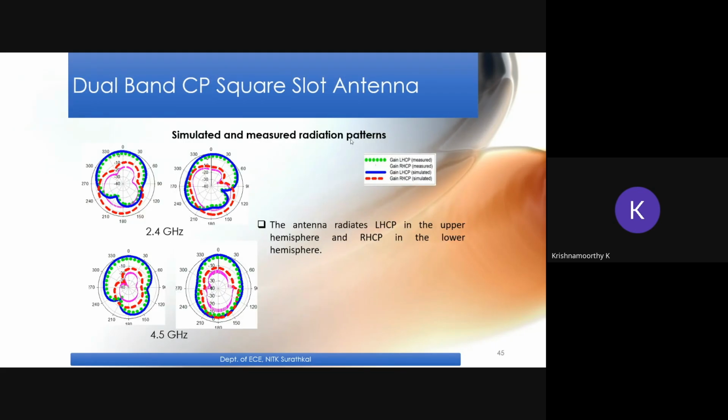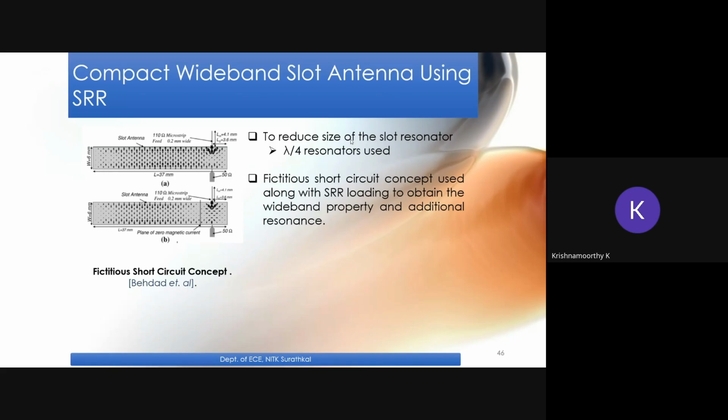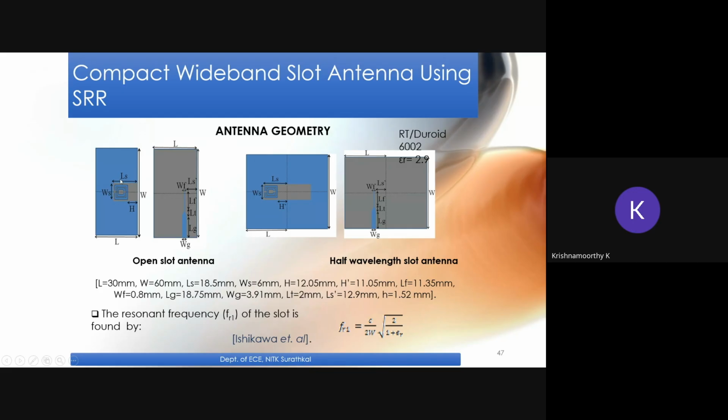We can design the compact wideband slot antenna loaded with split ring resonators. This is the simple slot antenna here, and this slot antenna is loaded with a split ring resonator. If we want to get a compact antenna, it offers some symmetry.